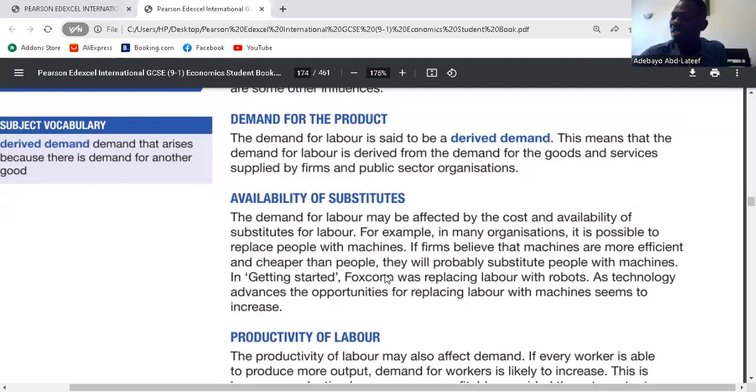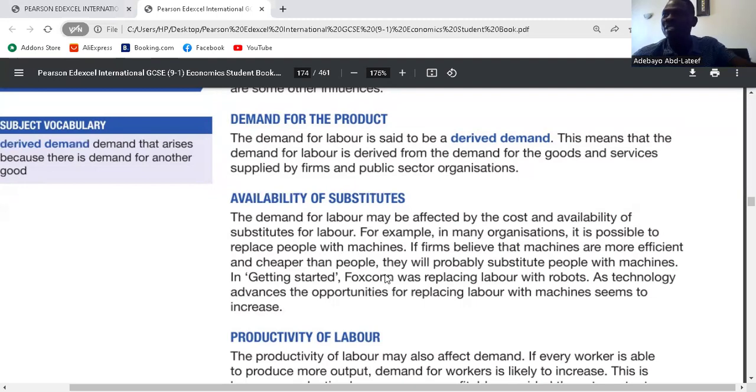So before we go into the demand for the products, demand for labor itself is a derived demand. Why do we call it derived demand? We call it derived demand because workers are employed for the fact that they have something to do. So nobody employs you for no reason to get you paid. No, I would have employed you because you have a function, a job, a role to perform.